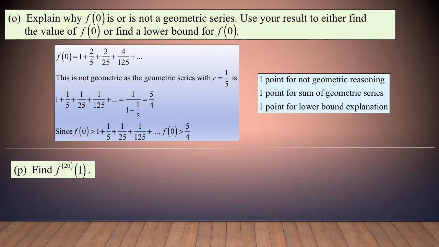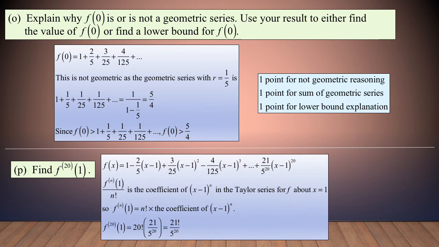Question P asks us to find the 20th derivative of f at 1. We write our f of x as 1 minus 2/5 quantity x minus 1 plus 3 over 25 quantity x minus 1 squared minus 4 over 125 quantity x minus 1 to the third plus dot dot dot. And now this is where you have to do a little bit of thinking.